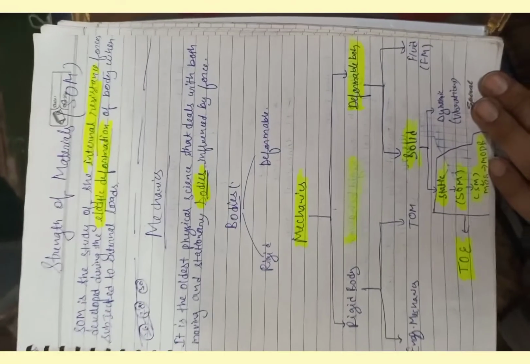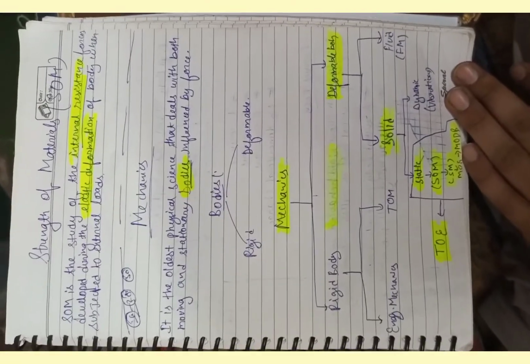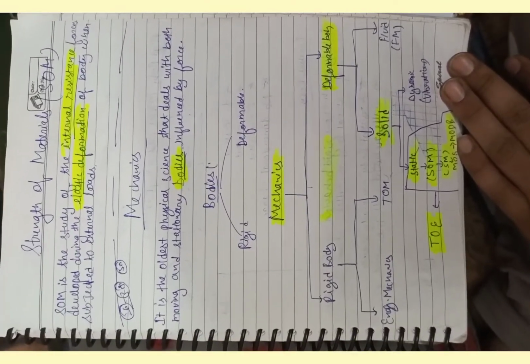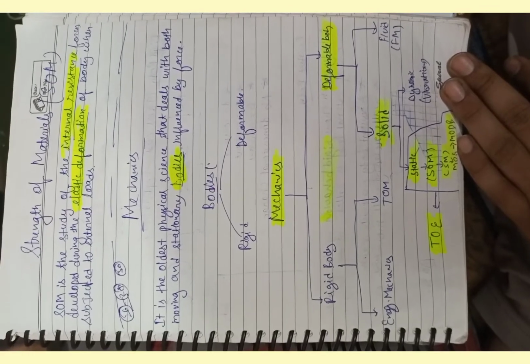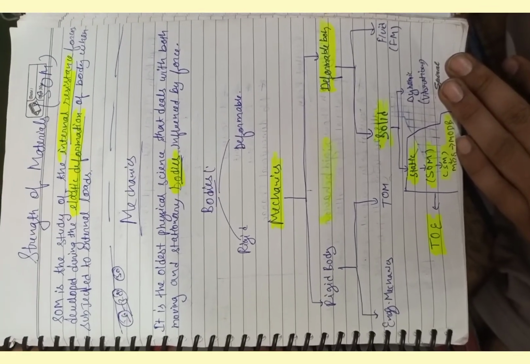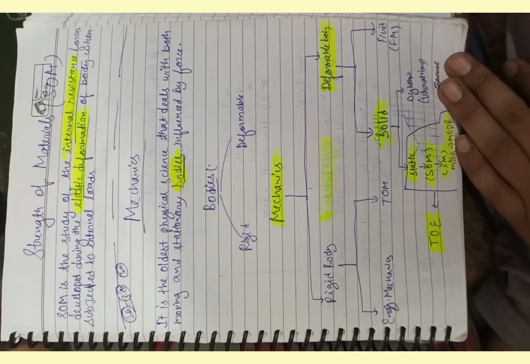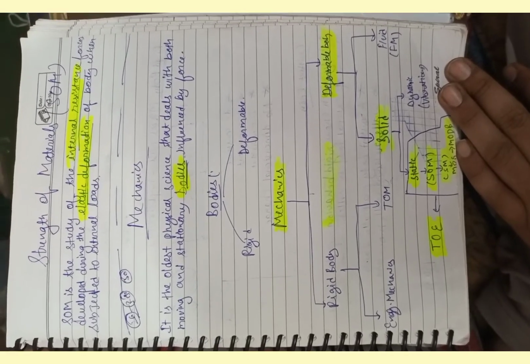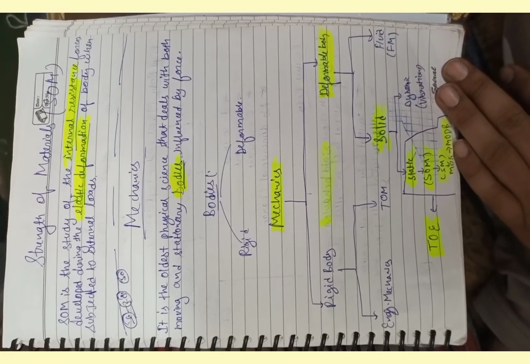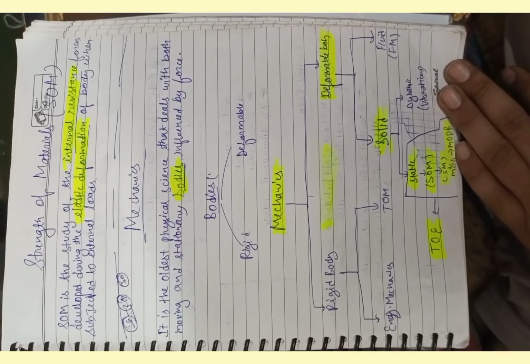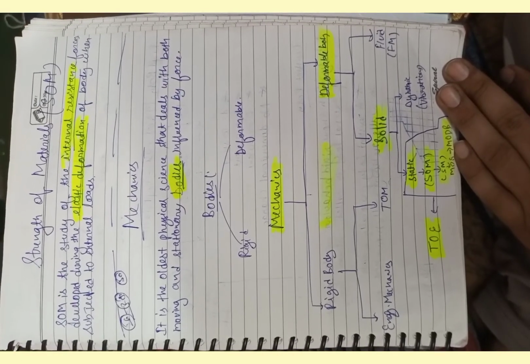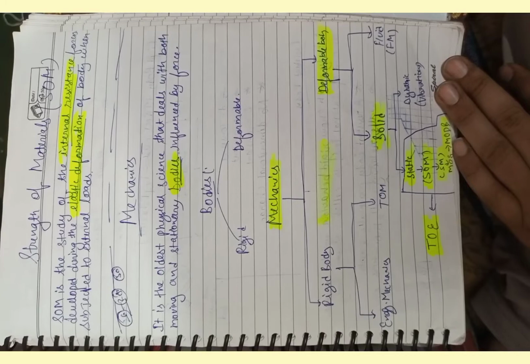So here we can start the subject. What is strength of materials? SOM is the study of the internal resistance forces developed during the elastic deformation of a body when subjected to external load.